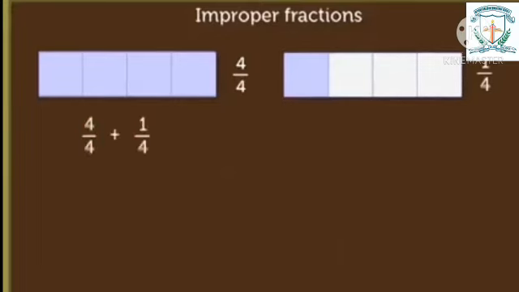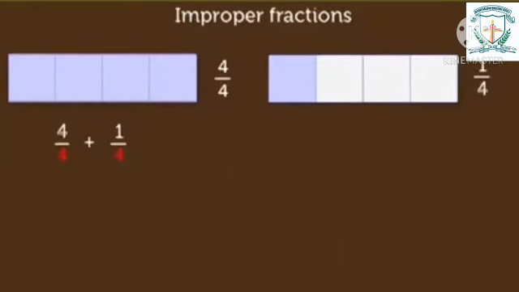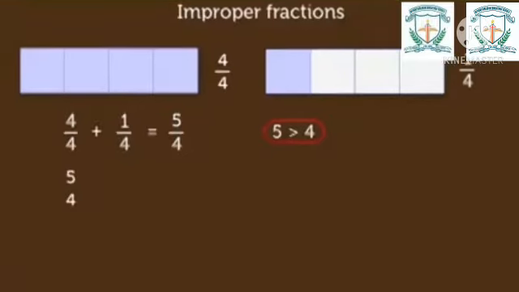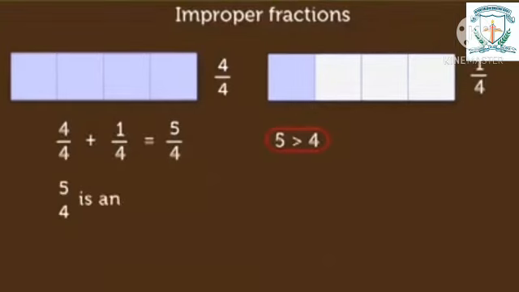As the denominators are the same, we add the numerators and get the answer as 5 divided by 4. Here, look at the numerator, which is greater than the denominator. So we say that 5 divided by 4 is an improper fraction.